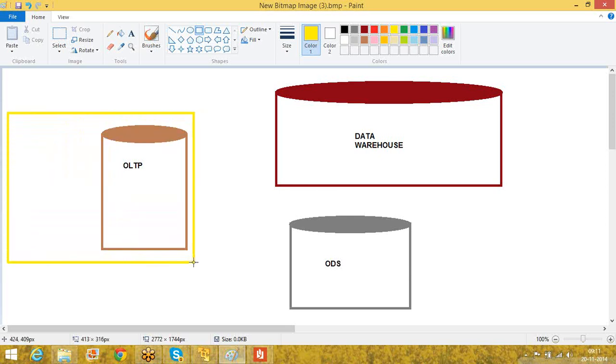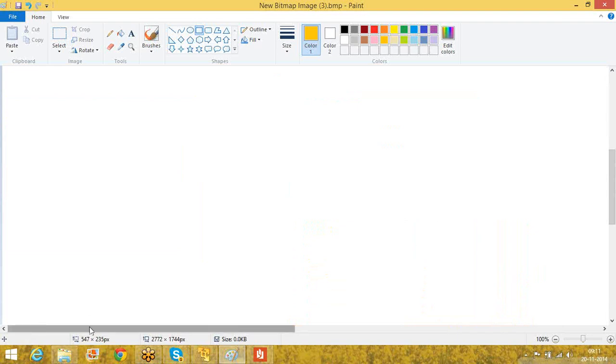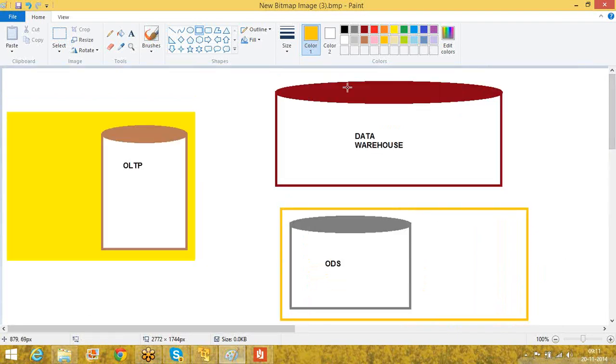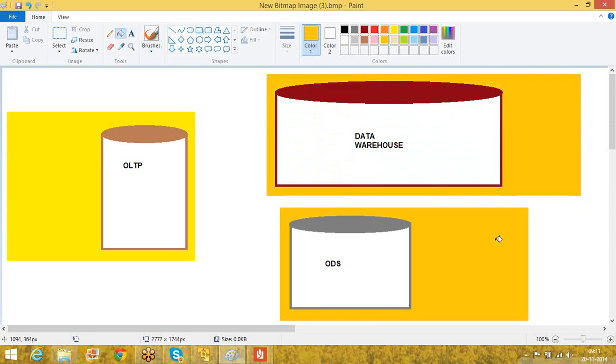Once you understand the purpose of OLTP, ODS and data warehouse: the purpose of OLTP is day-to-day transactions, no doubt at all, as we discussed so far. The purpose of ODS is for analysis purpose, and data warehouse is also for analysis purpose. These both systems are for analysis purpose.